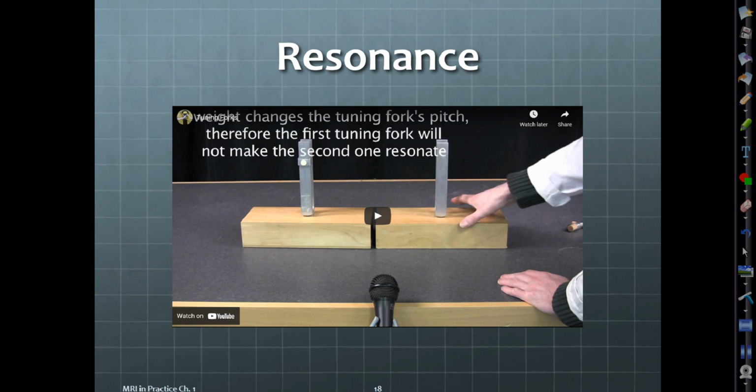When this person knocks on one, and they're not tuned to the same frequency, and they're put close to each other, not actually touching, the other one doesn't make a noise. But when you have 2 tuning forks that have the same tune or pitch, if you knock one on the left, you can bring the other one close by and not even touch, and it will cause that one to resonate. So it's pretty cool. So let's watch the video.